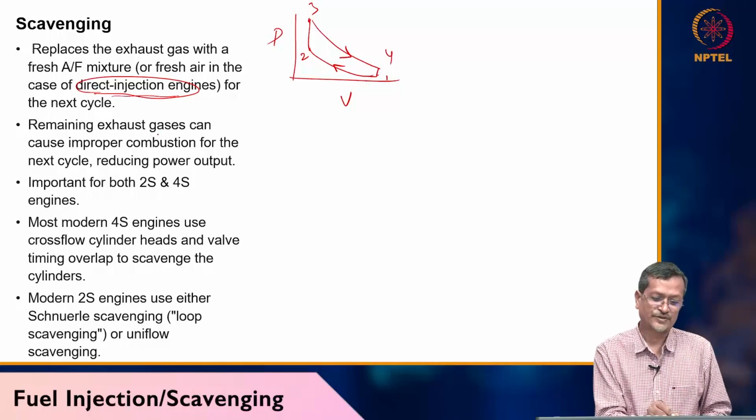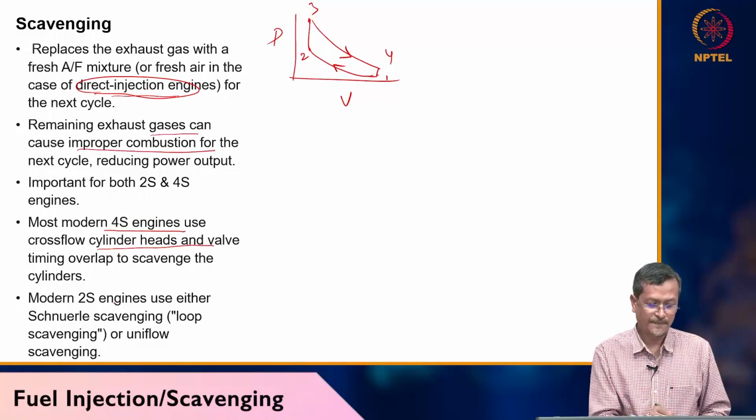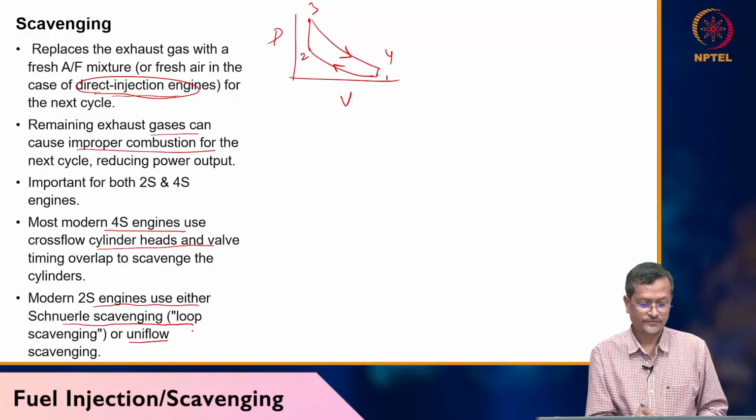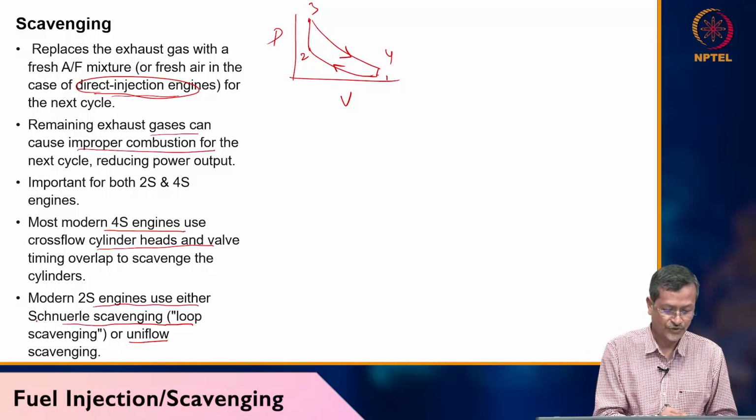Remaining exhaust gas can cause improper combustion. Most modern four-stroke engines use a cross-flow cylinder head, which I'll explain. Modern two-stroke engines use either Schnurle scavenging, loop scavenging, or uniflow scavenging. I think the pronunciation is Schnurle.